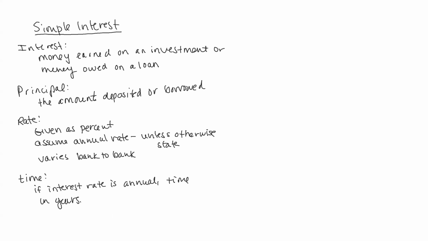Now, here's the formula. For simple interest, we have I equals PRT. And then we have two other formulas that could come up. So this is just interest. And then we have A equals P times 1 plus RT.